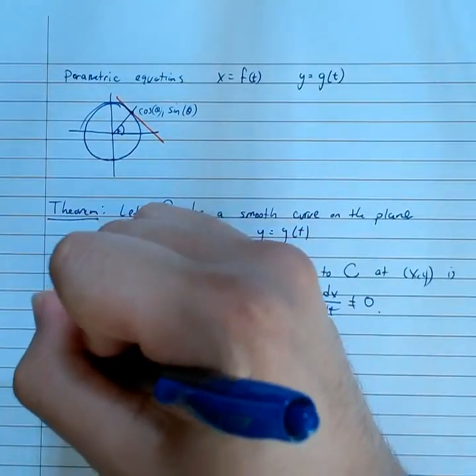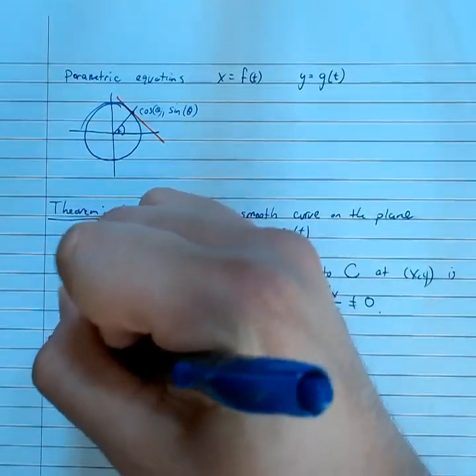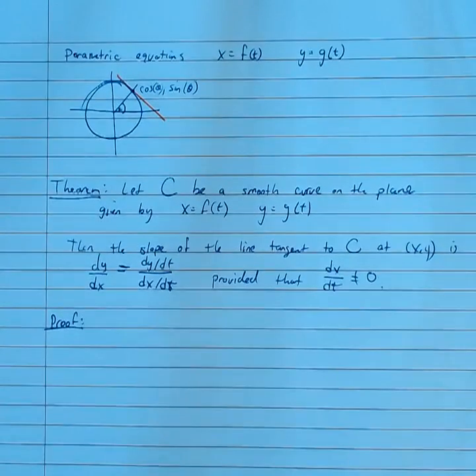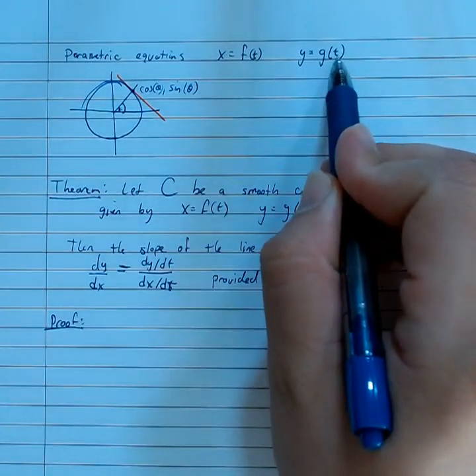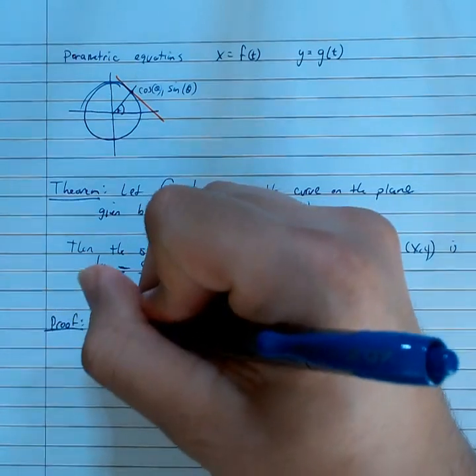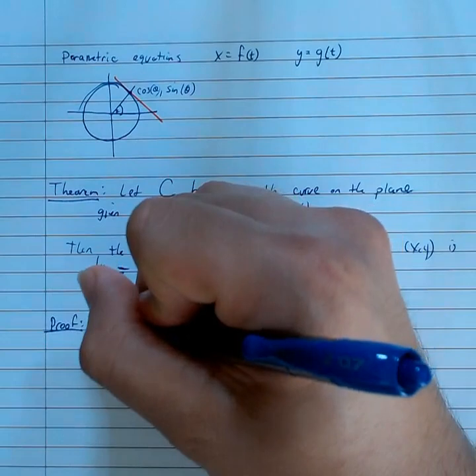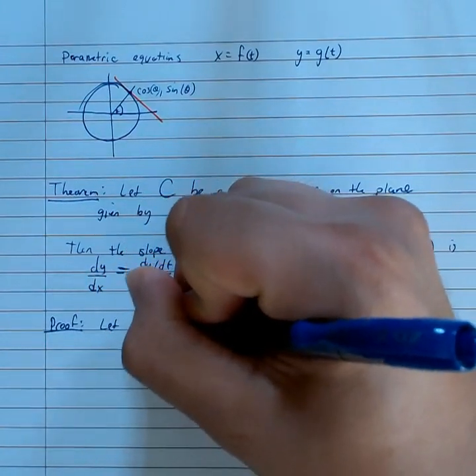The proof of this is about as straightforward of a proof as one could want for something that looks somewhat complicated. Let's begin with a small change in our parameter. So let's begin with a small little change in t, which we call delta t.